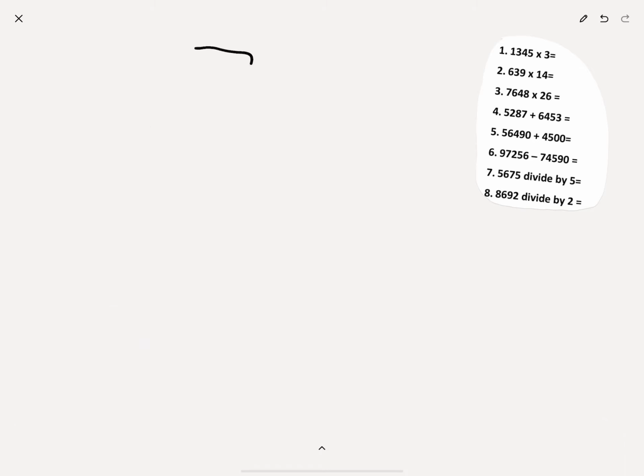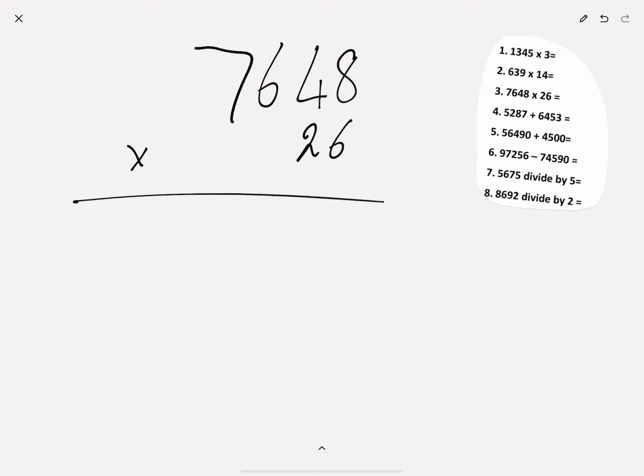And I'm going to use the same method for this one, just because it's big numbers. 7,648 times by 26. Okay. So 8 times 6 is 8 times 5, 48. 8, 4. 4 times 6 is 24, 28. 2. 6, 6, 36. 36, 38. 3. 7 times 6 is 7, 42, 45.